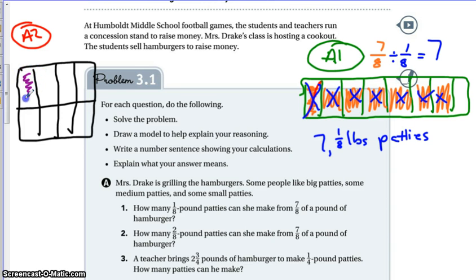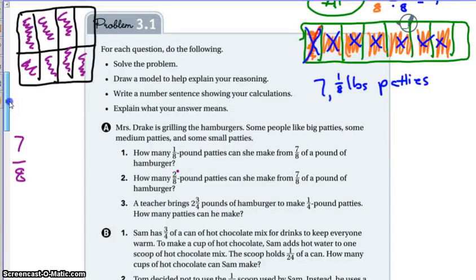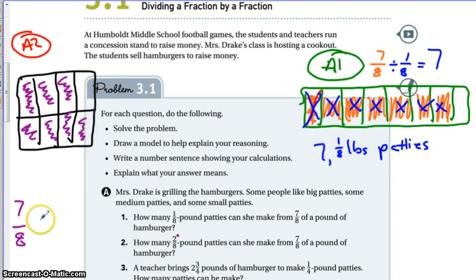So I've got 1, 2, 3, 4, 5, 6, 7. All right, and this time we are making 2/8. So I have 7/8, and I'm dividing it by 2/8.